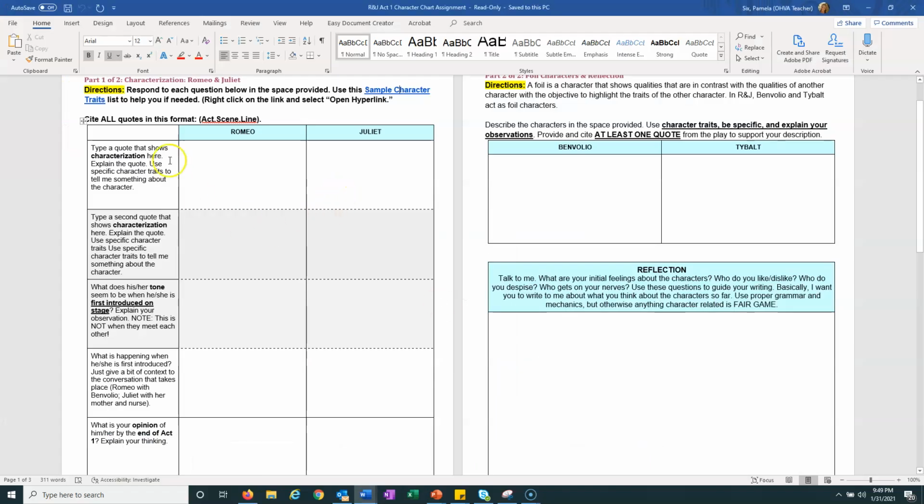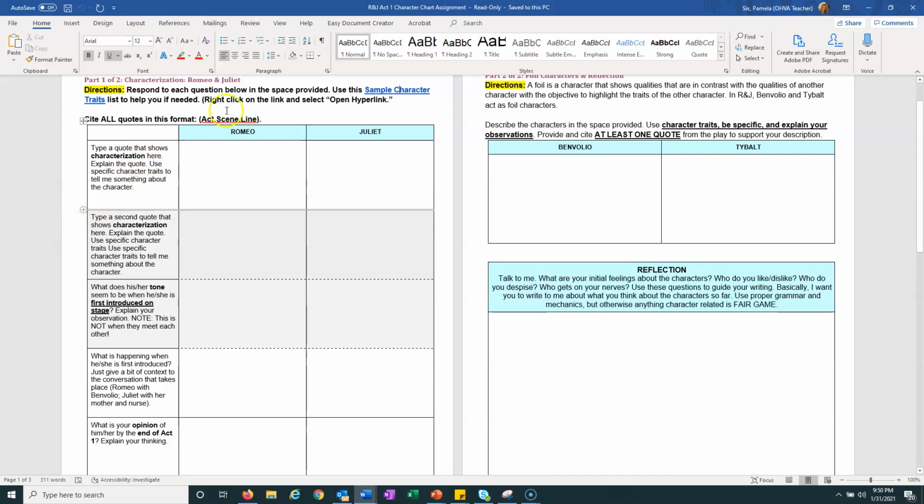When you're going through, you're going to type a quote that shows characterization for Romeo and Juliet. You're going to decide what you think about them. If you think Romeo is loyal, or if you think Juliet is immature, then you're going to find a quote that defends that character trait that you're saying they have.